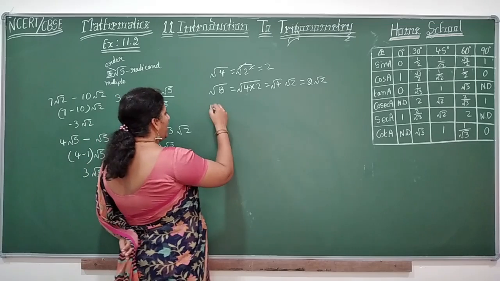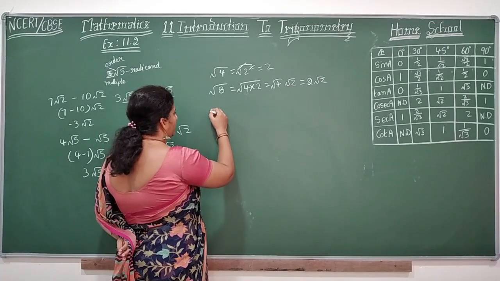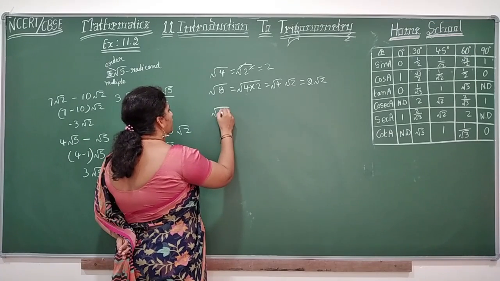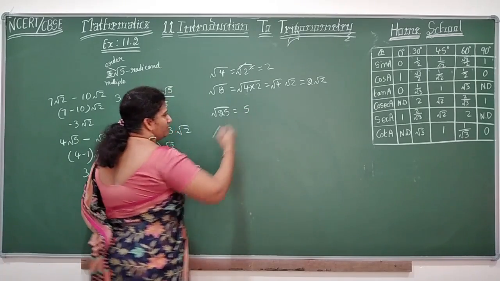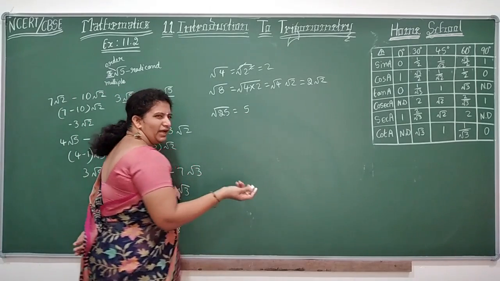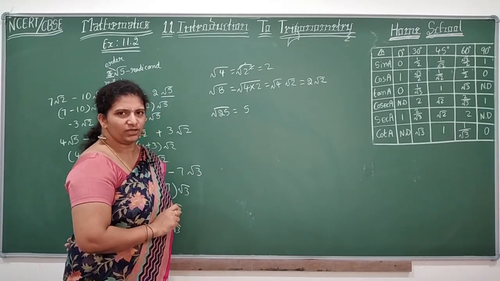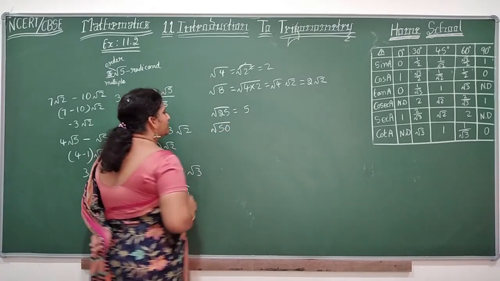In the same manner, any other number. Let's take root 25. How do you write this? It is just 5. Okay. Next, root 100: 10 tens are 100, so it is 10. Suppose root 50, children.